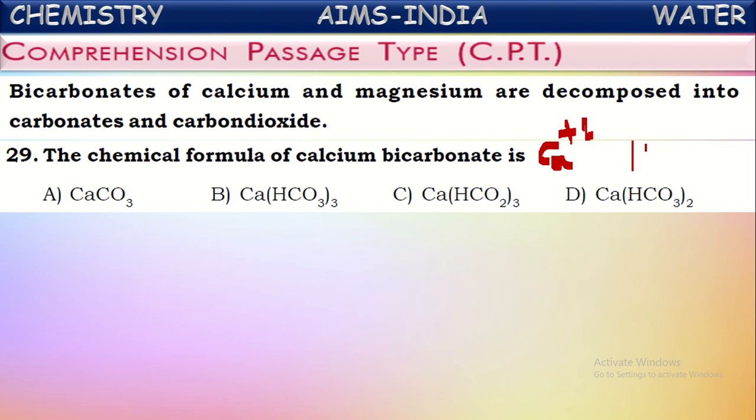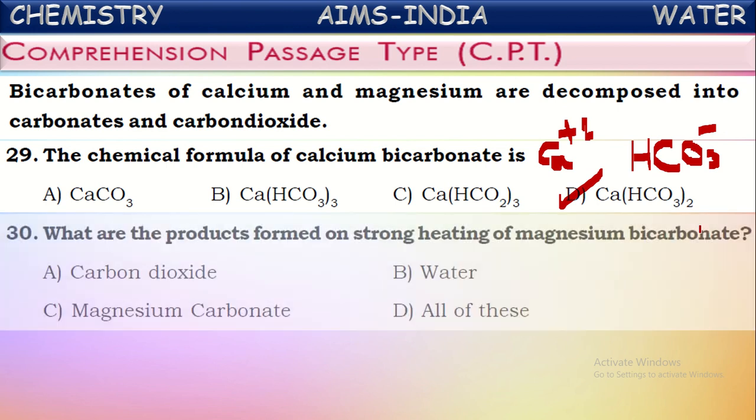Bicarbonate ion formula is HCO3-. Now when you club these two by using criss-cross method, we get the molecular formula of calcium bicarbonate or calcium hydrogen carbonate as Ca(HCO3)2. It is pronounced like this: Ca(HCO3)2. Calcium bicarbonate or calcium hydrogen carbonate.